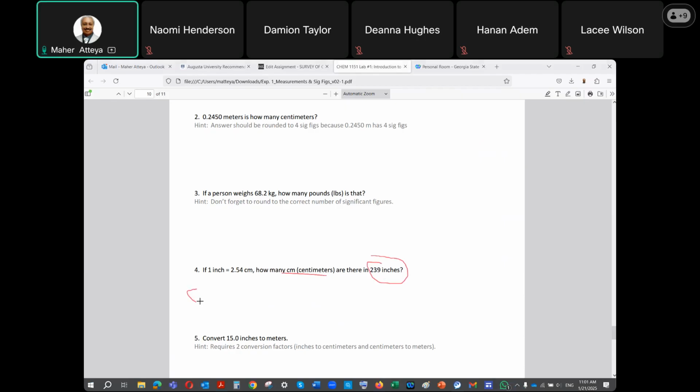So I need centimeters, correct? I need everything in centimeters, so I'll get rid of the inches. I start with the inches because I start with whatever is given to me. 239 inches.